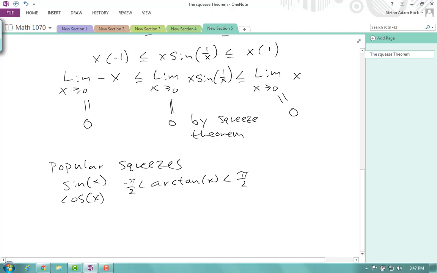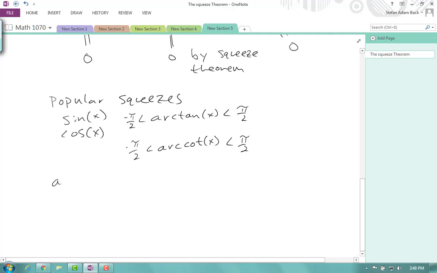Arc cotangent, if you ever see that, would do the same thing. Or any prompt that starts off saying, suppose f of x is greater than or smaller than something. That's a huge indicator that you're about to use a squeeze theorem.